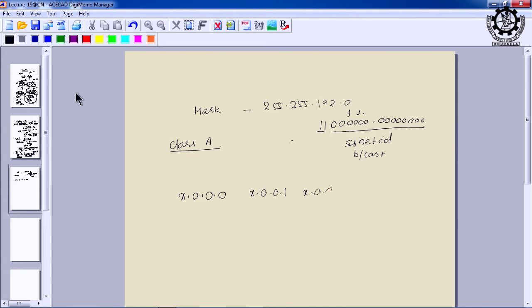Just go on writing this, x dot 0 dot 0 dot, sorry, 63.254, and the next one will be x.0.63.255.